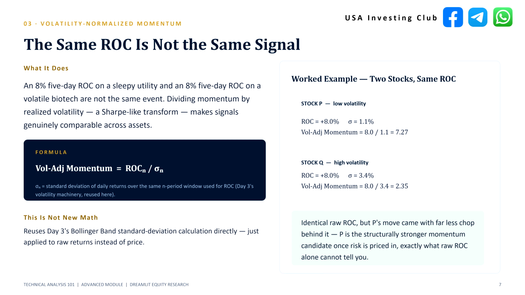Volatility-adjusted momentum equals 8.0 divided by 3.4, which is only 2.35. Identical raw ROC on both stocks, but P's move came with far less chop behind it. P is the structurally stronger momentum candidate once risk is properly priced in. Exactly the distinction raw ROC alone can never tell you.